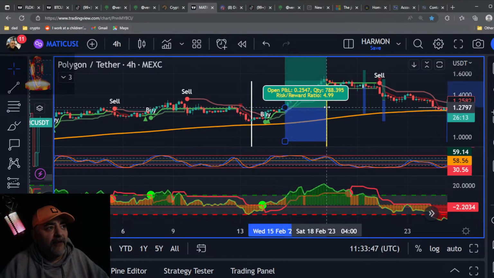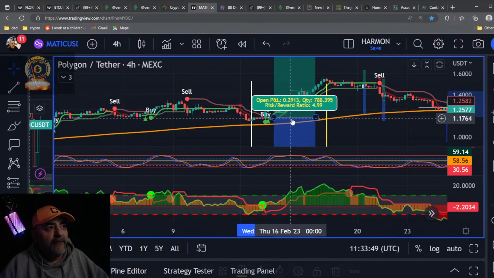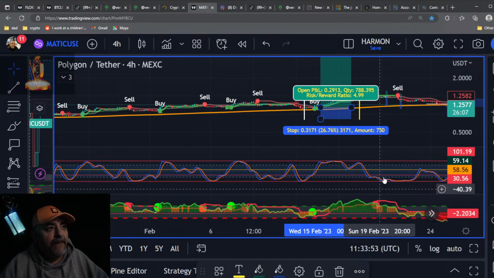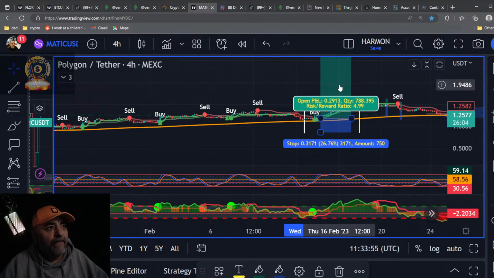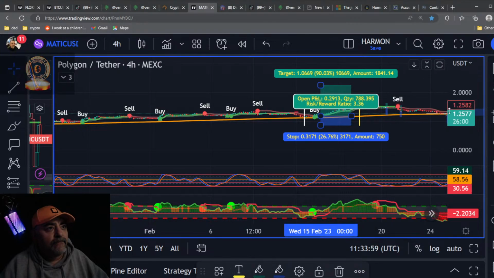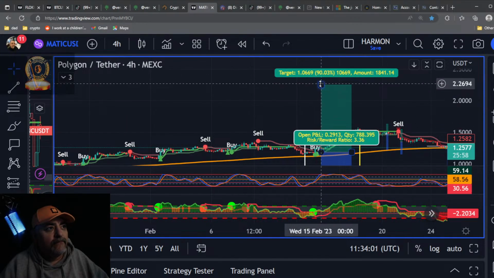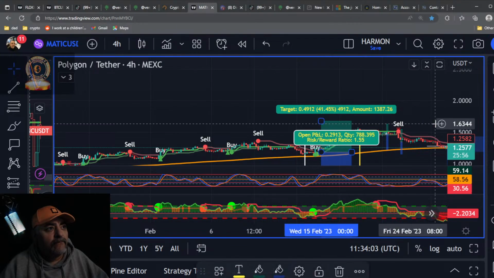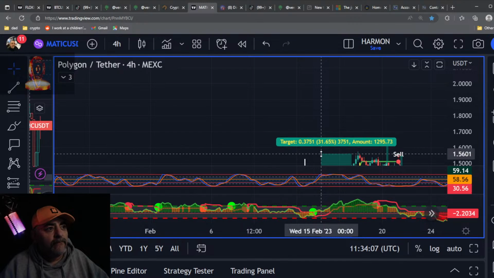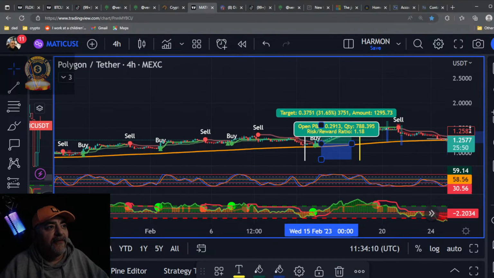So if we open this up here, let's take a look at the run. The run would have been a very impressive run here, which was close to 31%, okay?